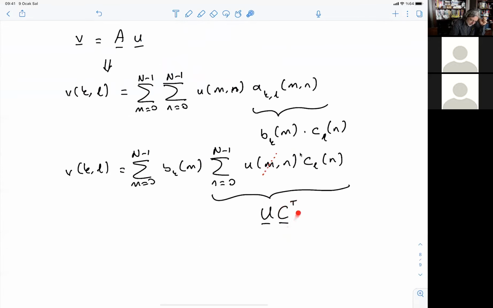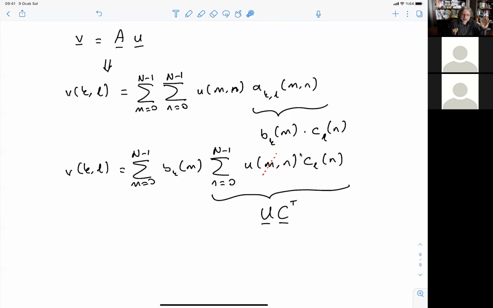This C transpose is being applied to the rows of U. So the rows of U are multiplied by the transpose of a transform matrix. Previously, we were multiplying the transform matrix from the left-hand side, and at the right-hand side, we had the column vector.